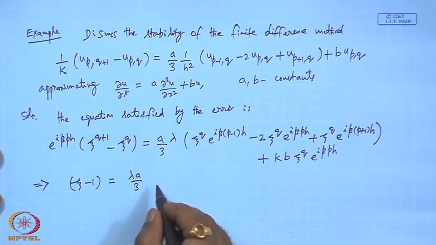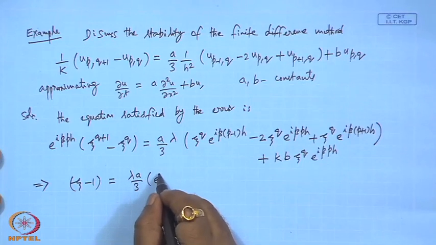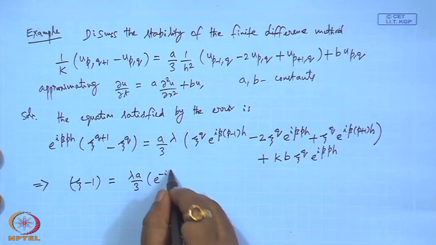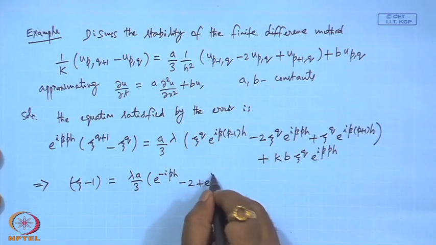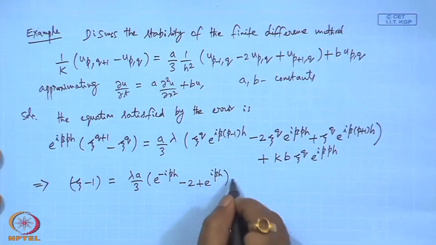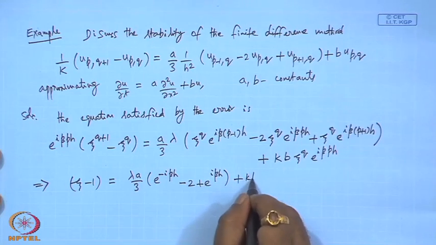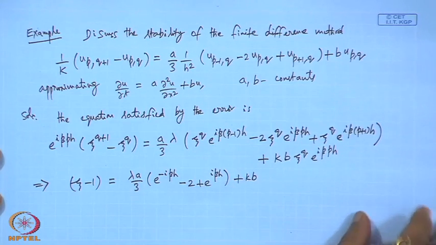So, here lambda a by 3. So, we get this.